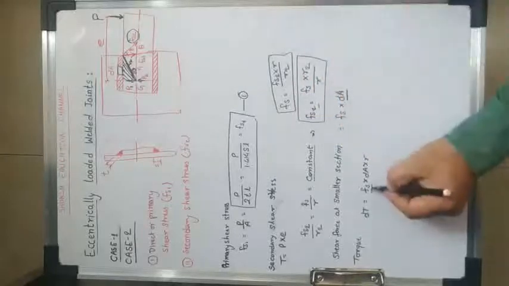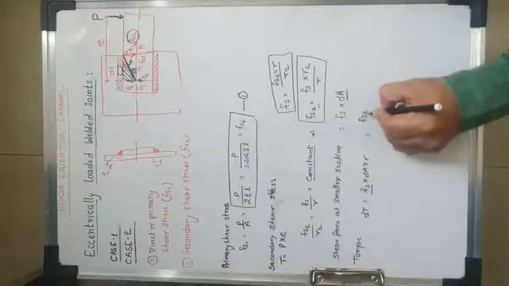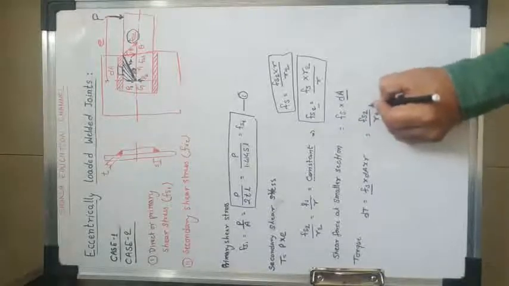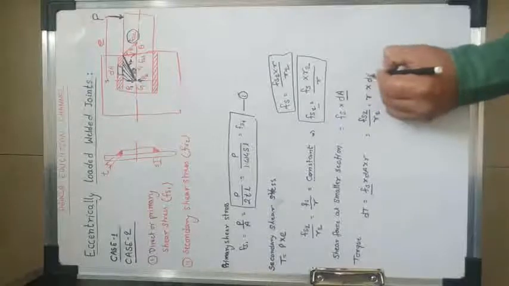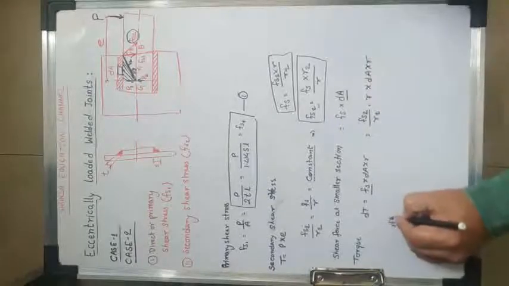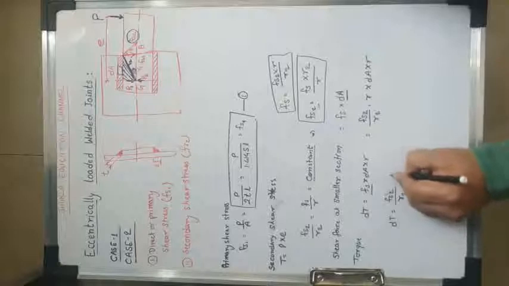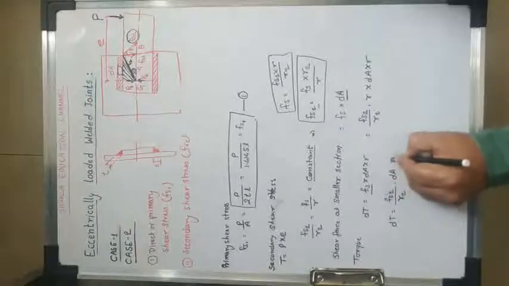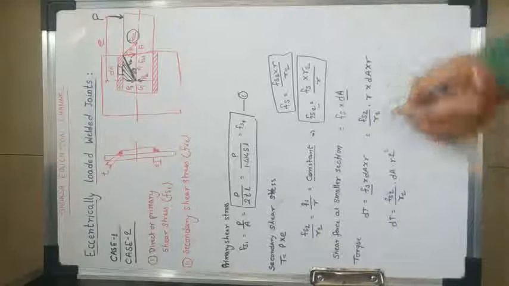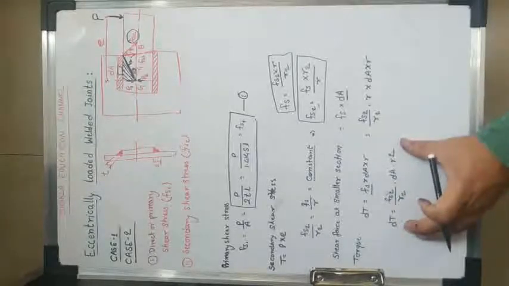So if I replace it, it will be Fs2 upon R2 into R into dA into R. So dT is equal to Fs2 upon R2 into dA into R square. Correct. And if I integrate it, we get total turning moment.